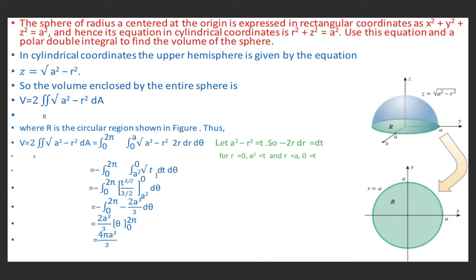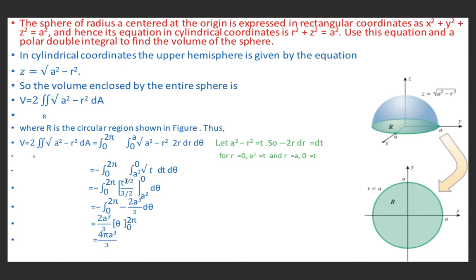If we integrate first with respect to t, under root t means t raised to power 1 by 2. The integration of t raised to power 1 by 2 is t raised to power 1 by 2 plus 1 upon 1 by 2 plus 1, so it is t raised to power 3 by 2 upon 3 by 2. The limits here are from a square to 0.